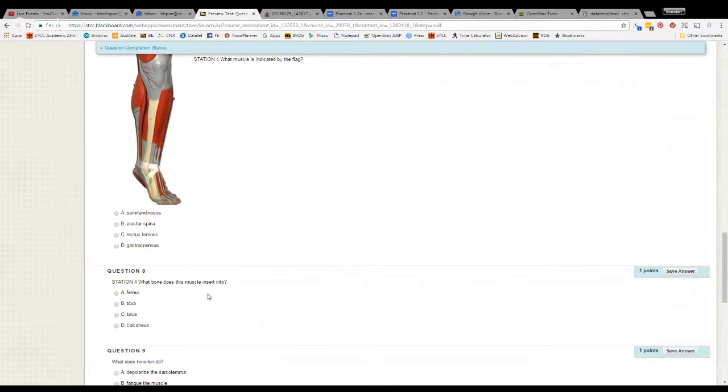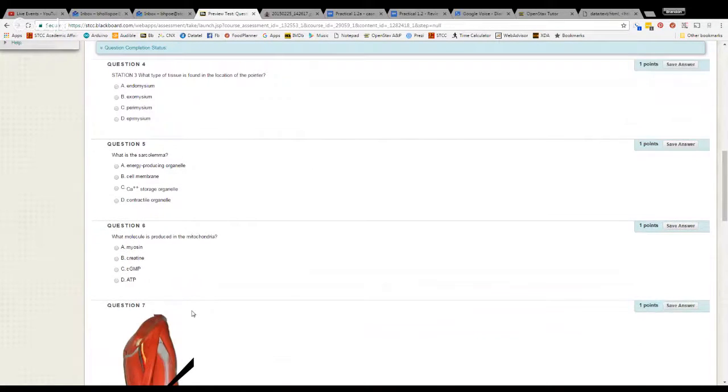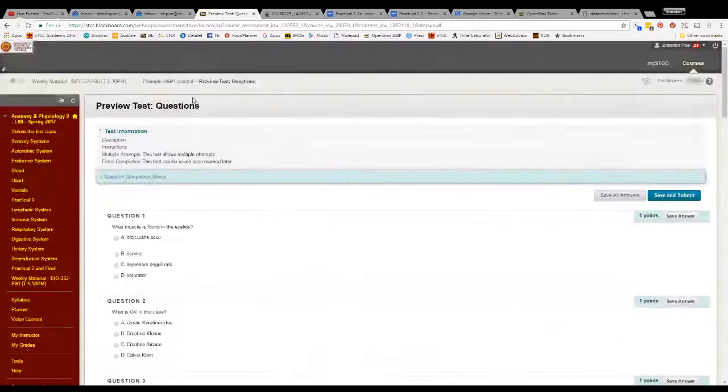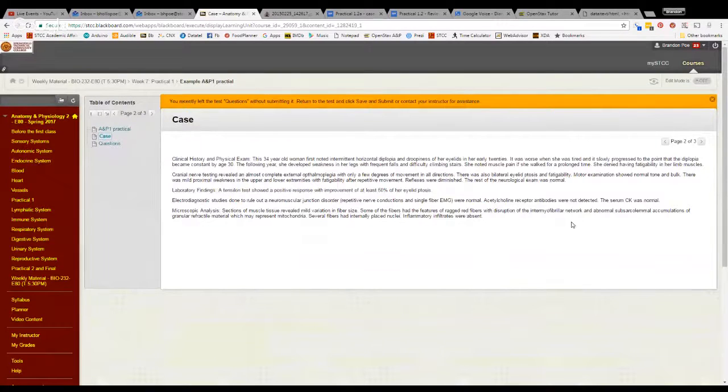So those are questions. While I have it on the screen here, this question here, what does Tensilon do, is just directly making sure that you've read the case, because the case has reference to somewhere in here, Tensilon.